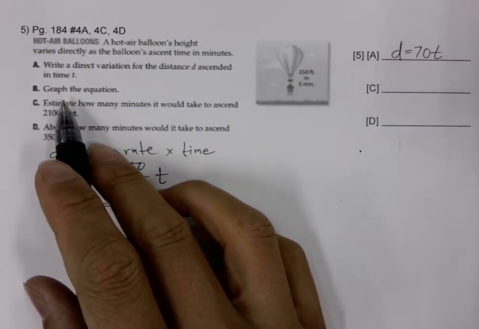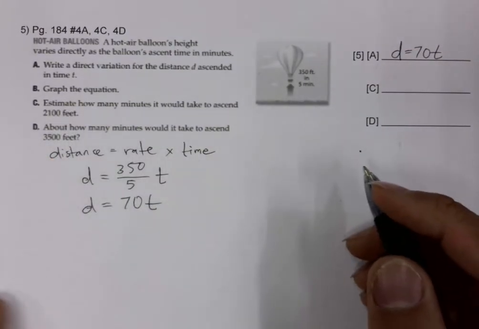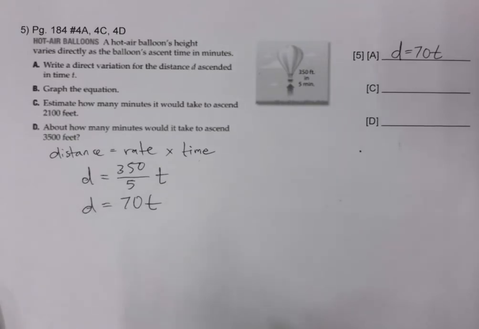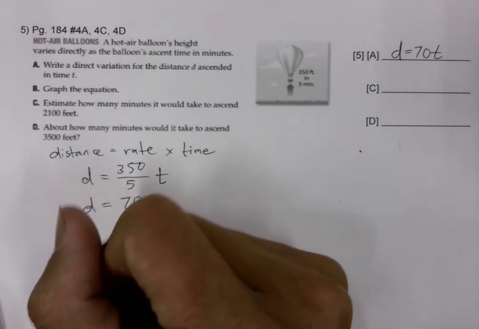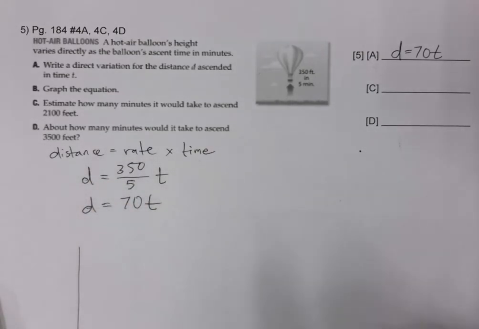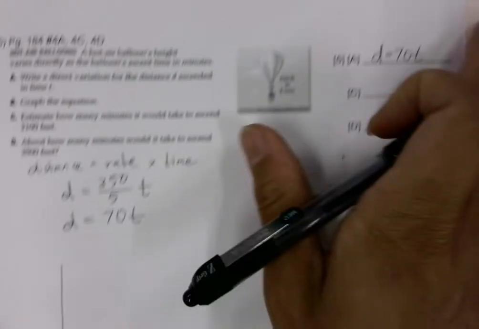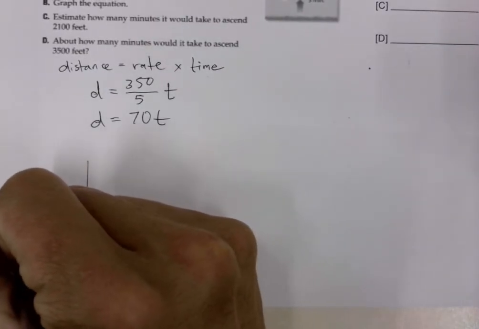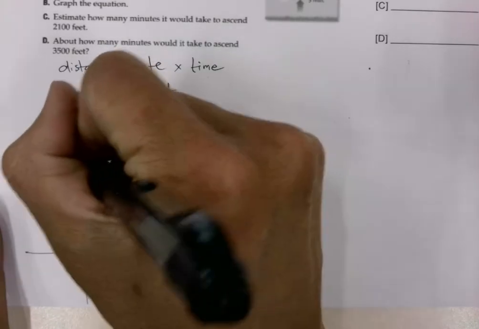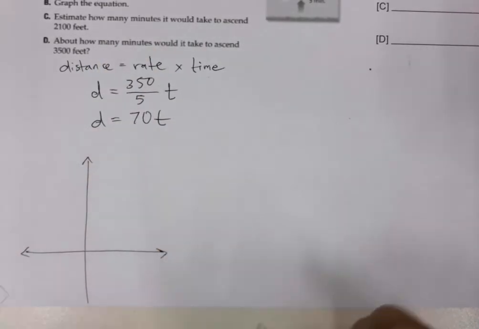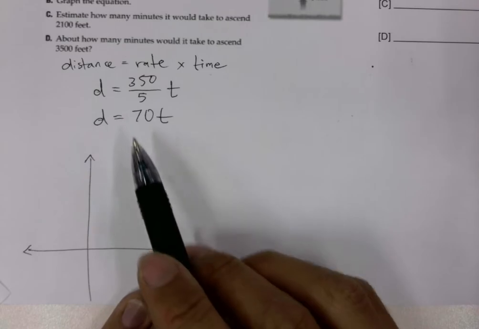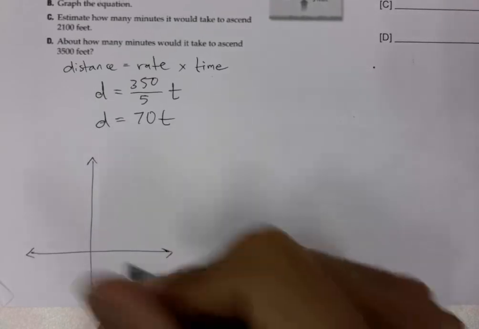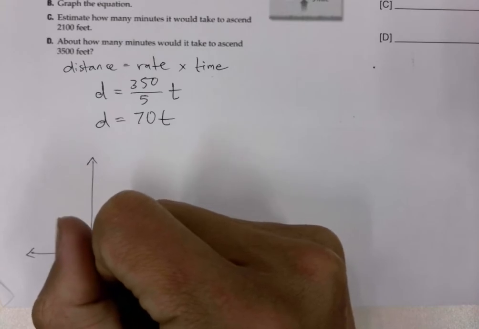Part B asks us to graph the equation. So to graph this equation, we can go ahead and create an x and y coordinate plane. We remember that in a direct variation, the line passes through 0, 0.